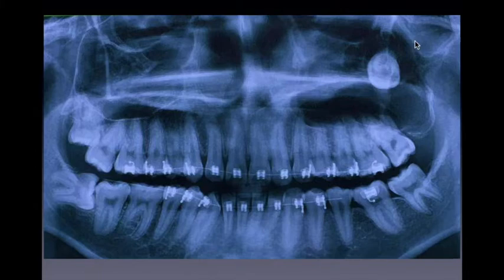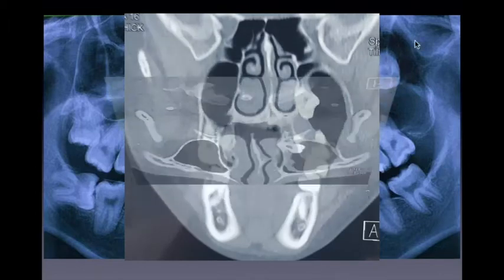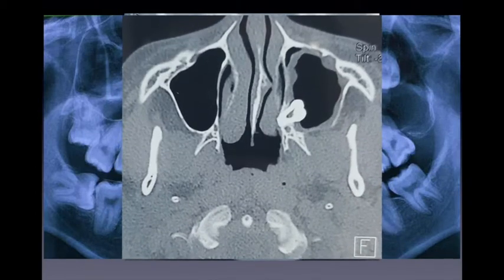We then asked for a 3D image, a CT scan, and what we got was a case of an unusual but not totally impossible ectopic eruption of a third molar. It wasn't displaced, it just erupted somewhere else.